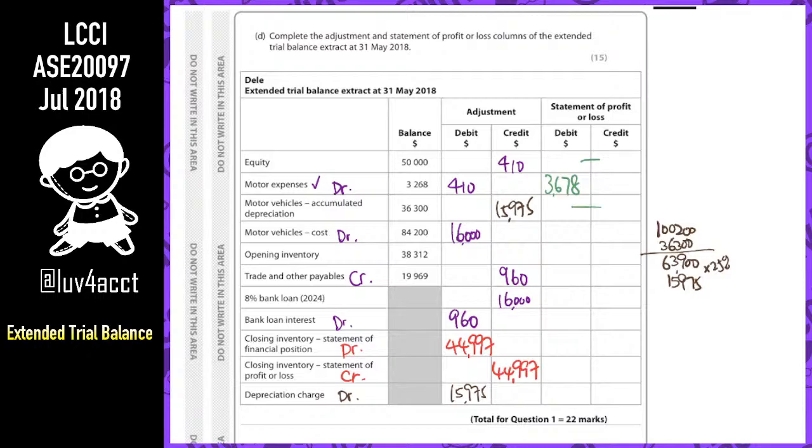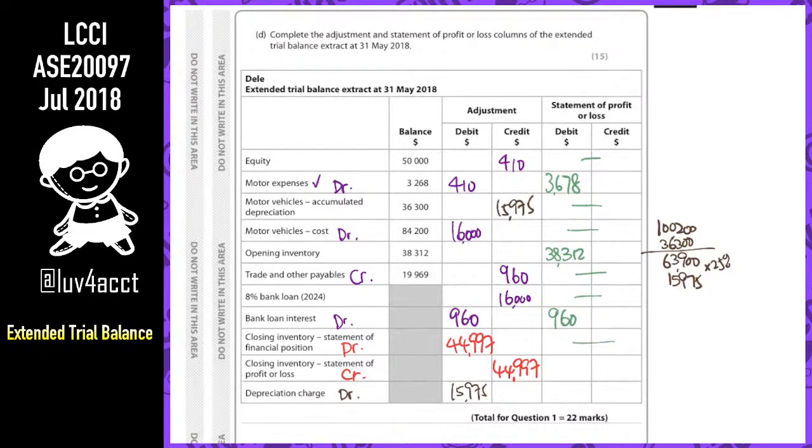Motor vehicle cost and accumulated depreciation, opening inventory 38312. Trade and other payables, bank loan interest 960. Closing inventory for the statement of financial position and for the statement of profit or loss, and then depreciation.